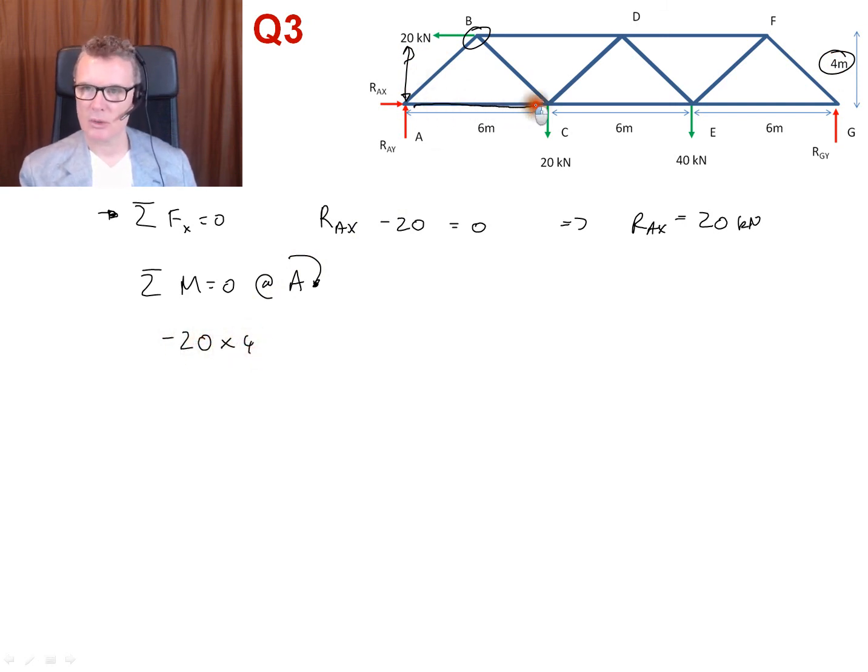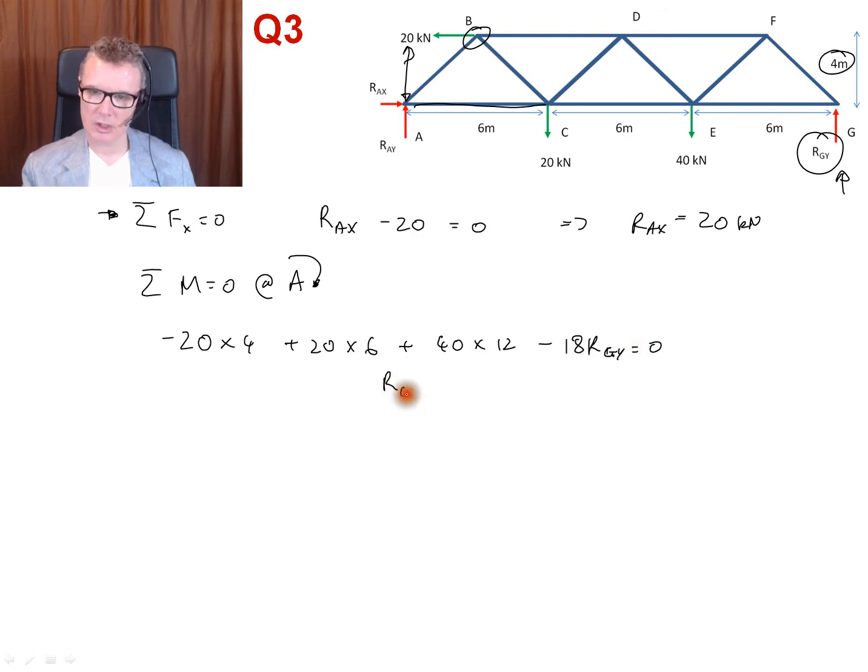And the other ones are quite straightforward, just read off their distances. So we've got a plus 20 times 6, plus 40 times 12, and this one is going to go in the opposite sense to where this wants to turn. So that is 18, isn't it? So minus 18 RGY equals 0.